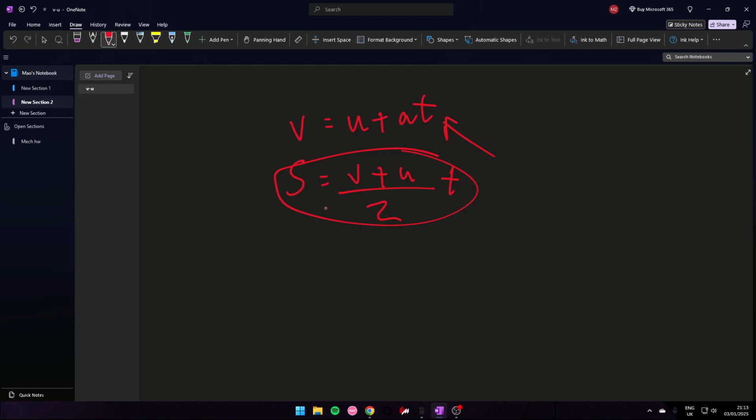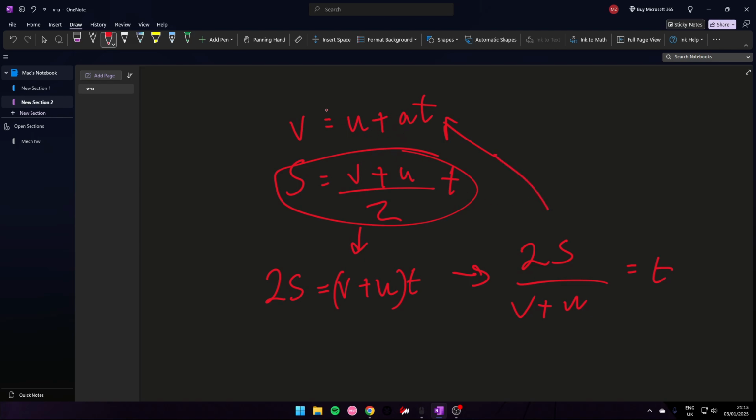First we rearrange this: 2s is equal to v plus u t, and then it ends up with 2s over v plus u is equal to t.